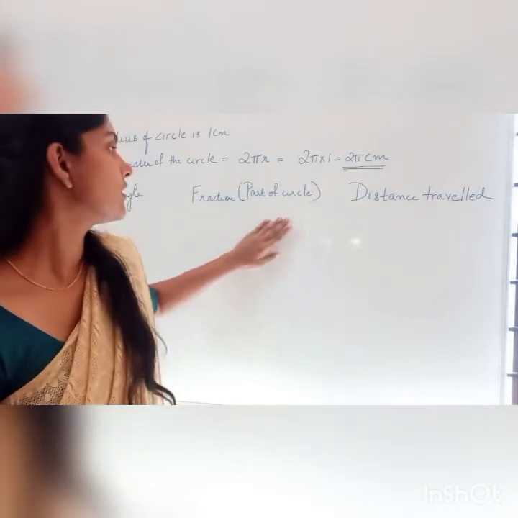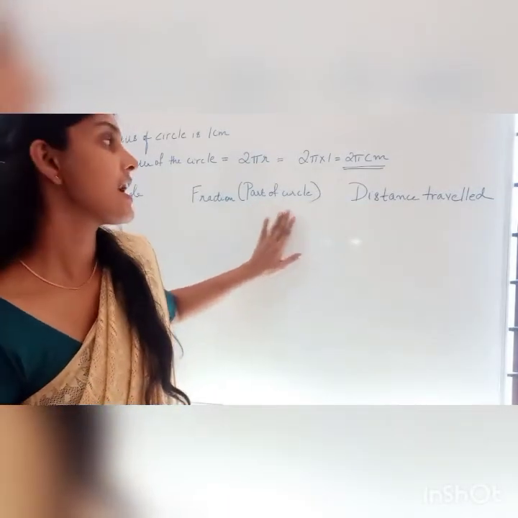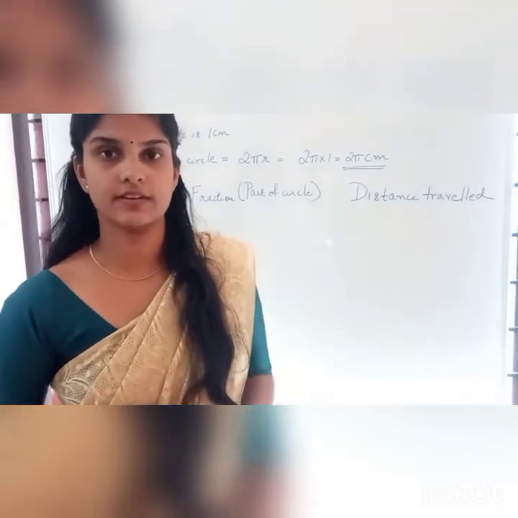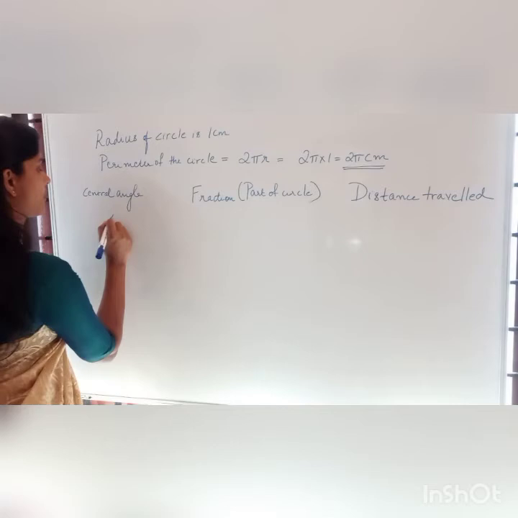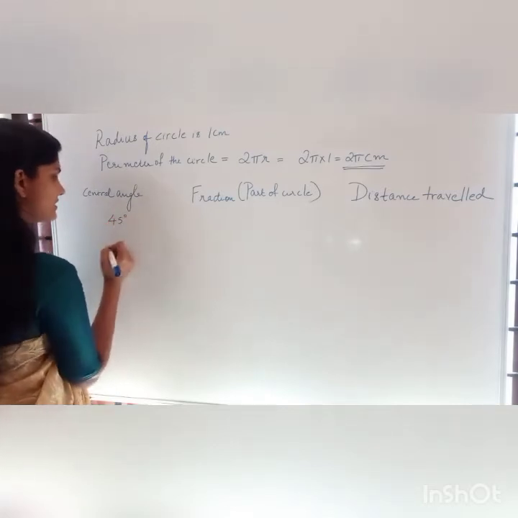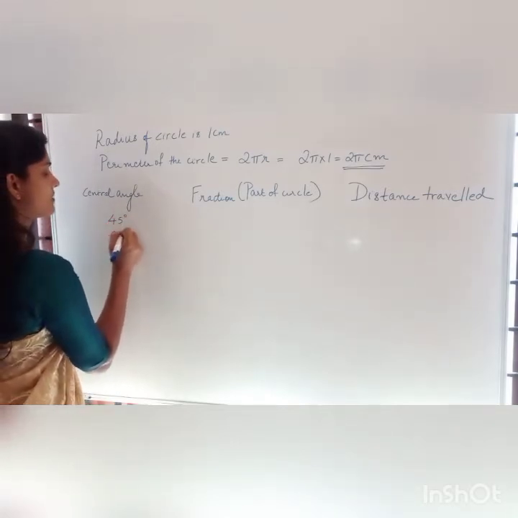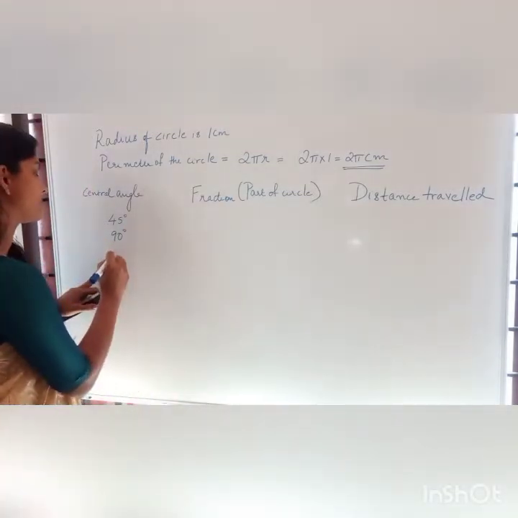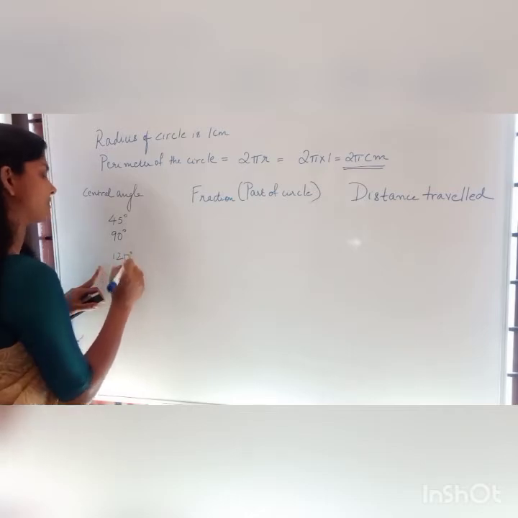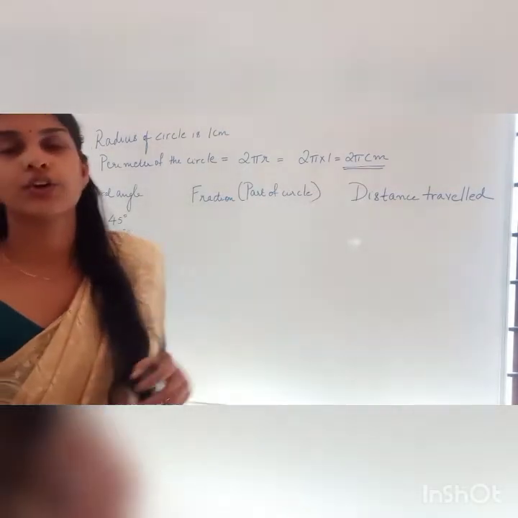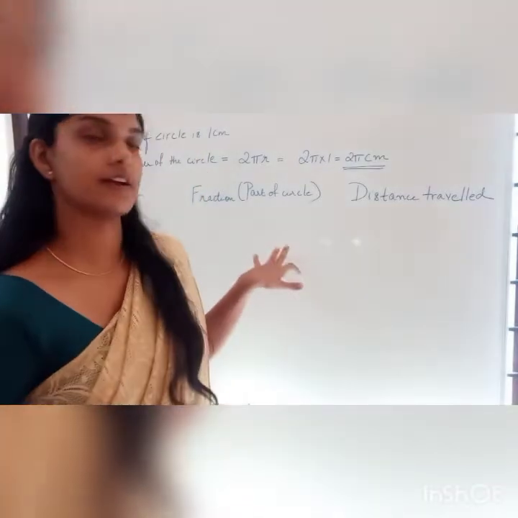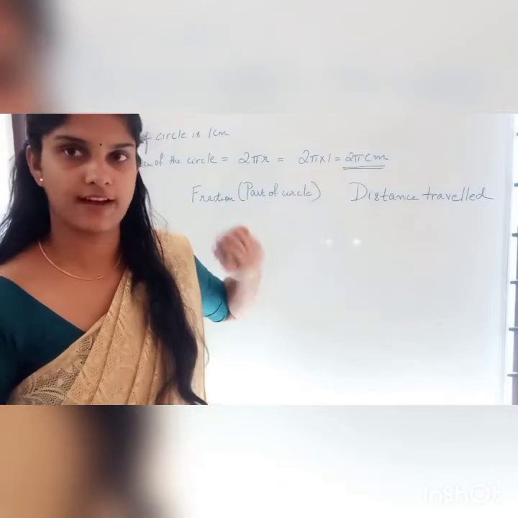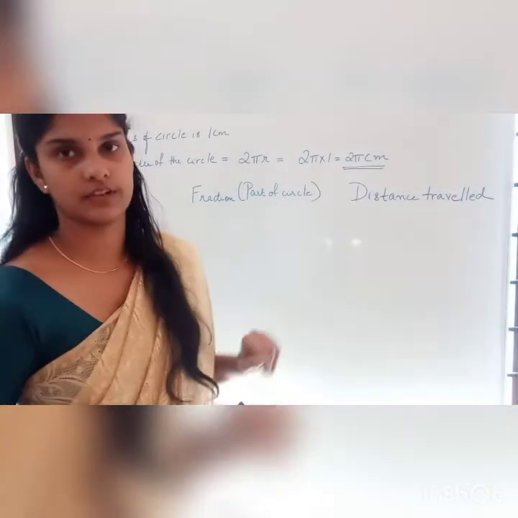You have to tell it in the form of fractions and the distance traveled by it. Now the different degrees you have been given are 45 degrees, 90 degrees and 120 degrees. Okay, you will have to convert it into fractions, right? And also find how much part of the circle has traveled.